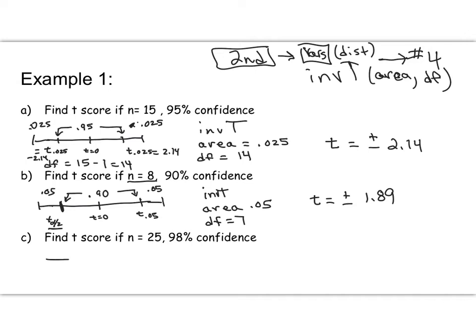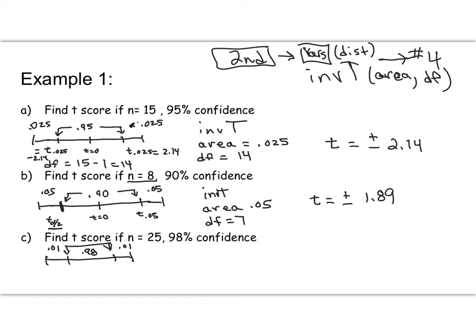Okay, so in the middle, t is equal to 0. We're looking for the t-scores that bound the middle 98% of data. That leaves me with 1% on each end, because 1 minus 0.98 is 0.02. Divide that in half for each end, and you have 0.01.